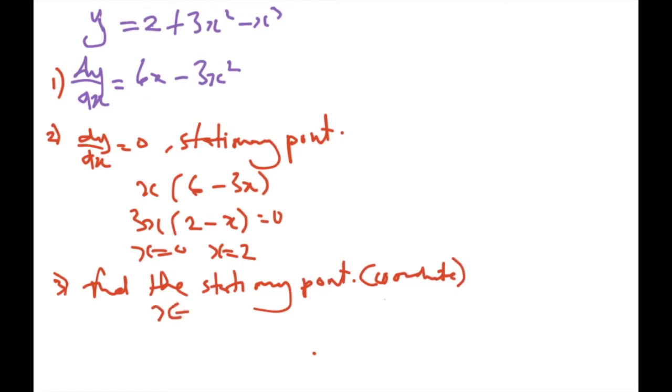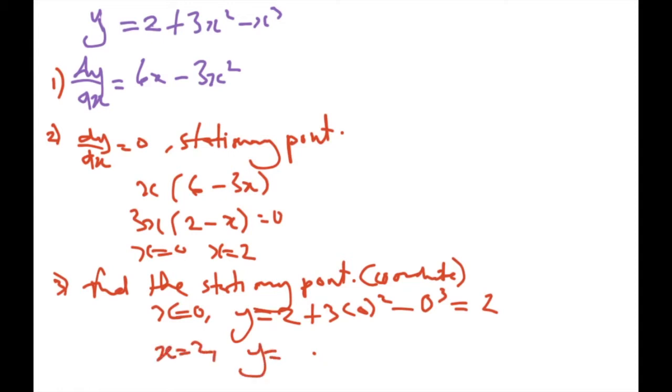So sub x equals 0 into the function: y equals 2 plus 3(0) squared minus 0 cubed, which will give me 2. And when x equals 2, y equals 2 plus 3(2) squared minus 2 cubed, which is 2 plus 12 minus 8, which is 6.